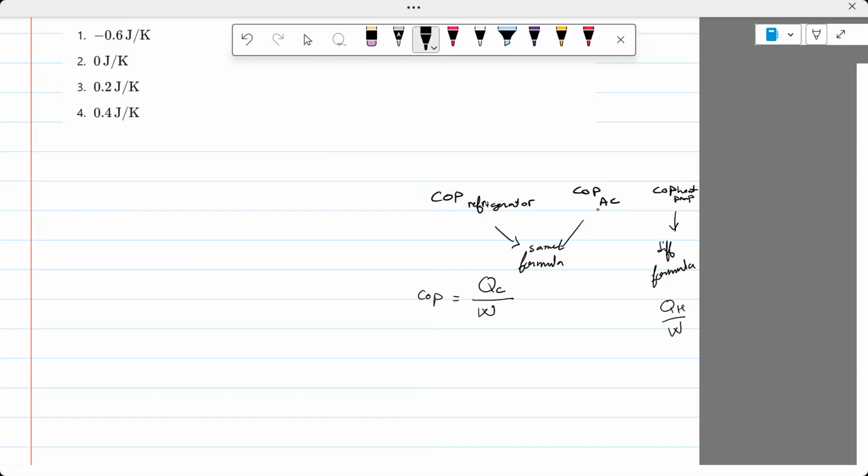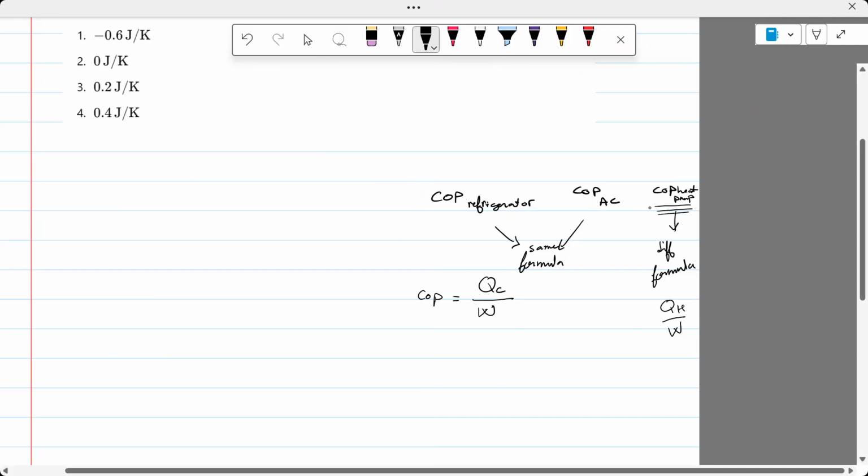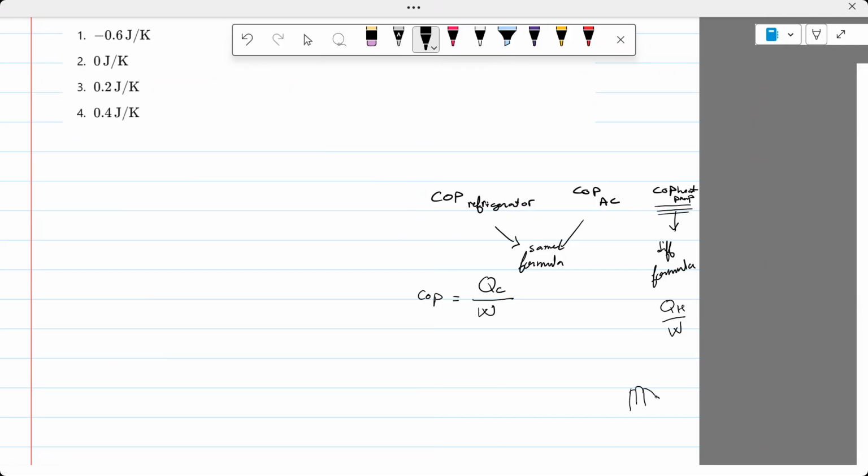So the COP will still be QC, and the input is W, because I'm doing work with the AC to remove QC. Makes sense? Now, the heat pump is a different story. The heat pump is an electric appliance in your home. What it does is that it's basically the AC operating in the heating mode.